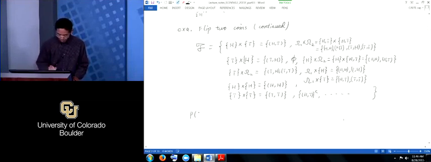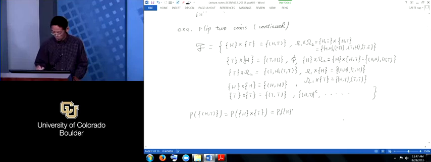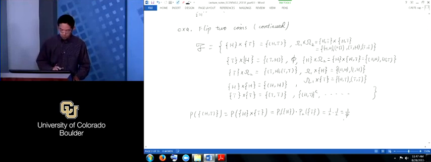So the probability of HT is equal to the product of this one, and then I can use P1, the probability of H, times P2, the probability of T, and that gives me, okay, so in English it's the probability that the first coin is H, head, and the second coin is tail.